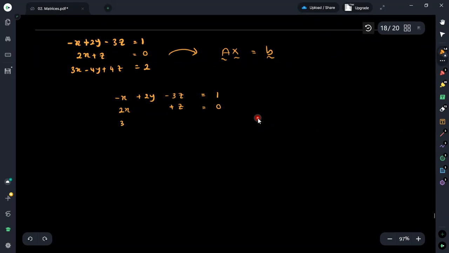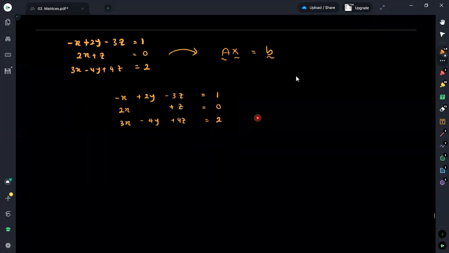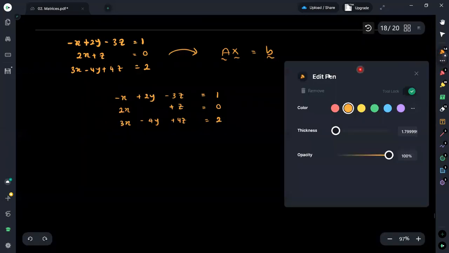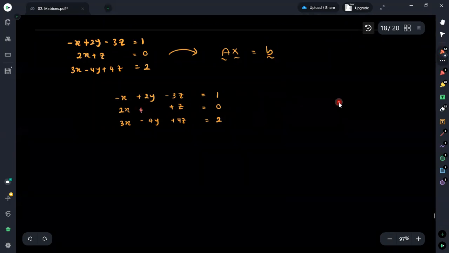Then I am getting here 3x minus 4y plus 4z equals 2. But for the easiness of the calculation, I will just replace this empty space by plus 0 times y. This does not do any harm, because 0 times y gives 0. This is used only for the easiness of the calculation.